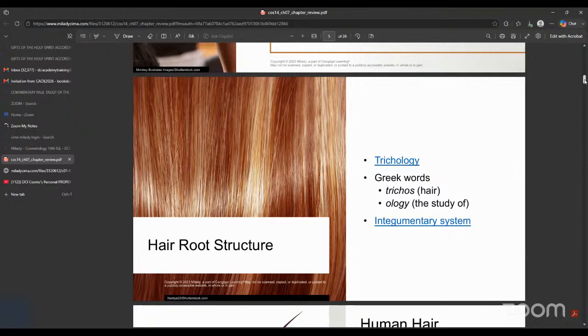And when I talk about hair, skin, and nails, that system is the integumentary system. That's the thing that they study front, back, and that's connected to the endocrine system, the reproductive system. It's connected to so many things within the body, the circulatory system, the muscular system, okay?